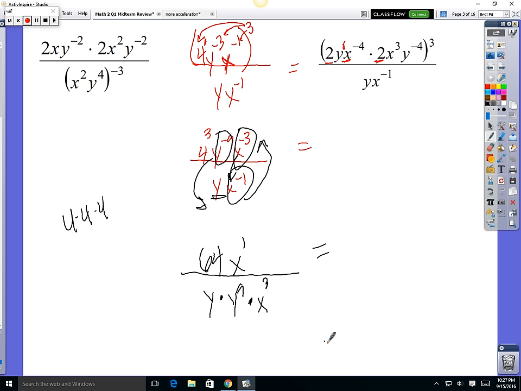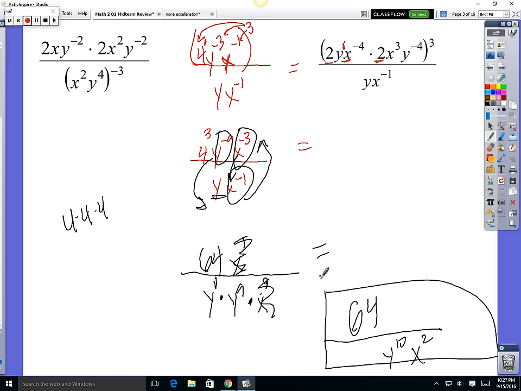Okay, so 64 on top. One of these x's on top is going to undo one of the x's on bottom. So on the bottom I don't have a cube, I just got a square. And then your y's, y1 times y9 is going to be y10. And there we go.